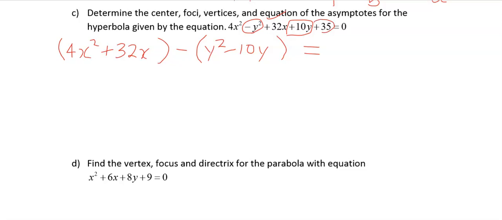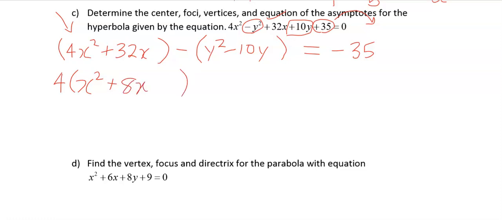I'll take my plus 35 and I will put it on the right side and I'll get negative 35. Okay? All right, now, first set of brackets right there. The 4 has to come out in front. No choice. It's got to come out. So I divide the 4x squared by 4 and I get x squared. I divide plus 32x by 4 and I will get plus 8x.